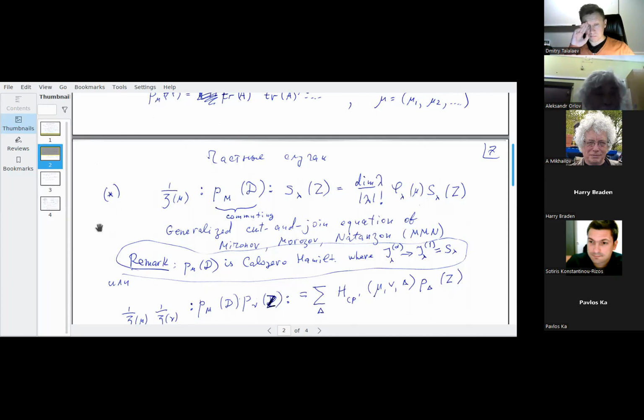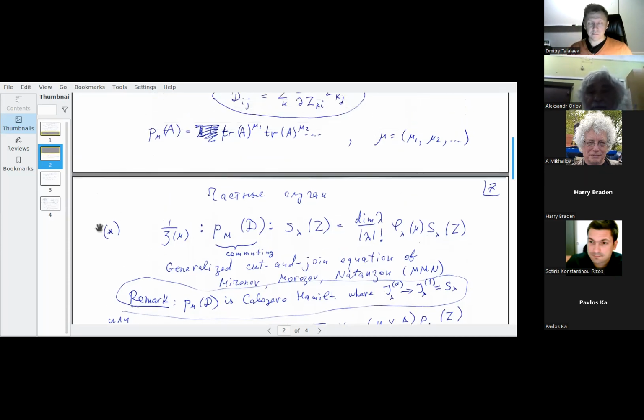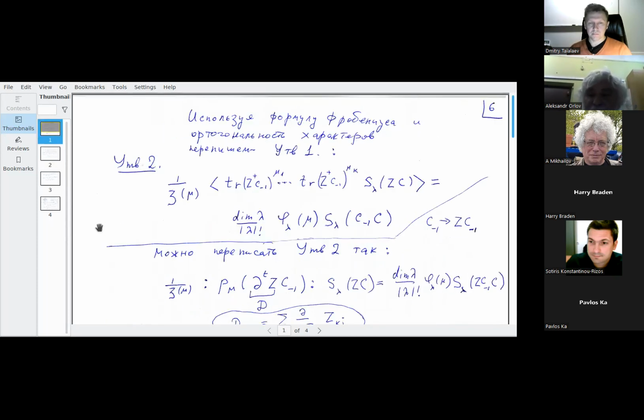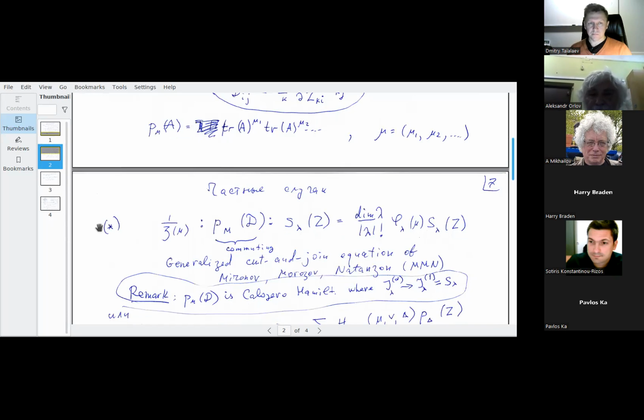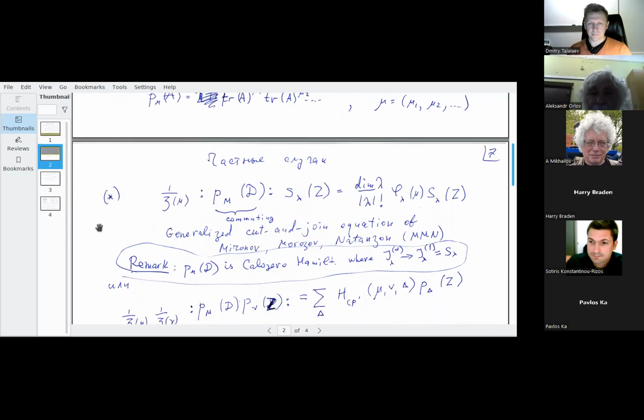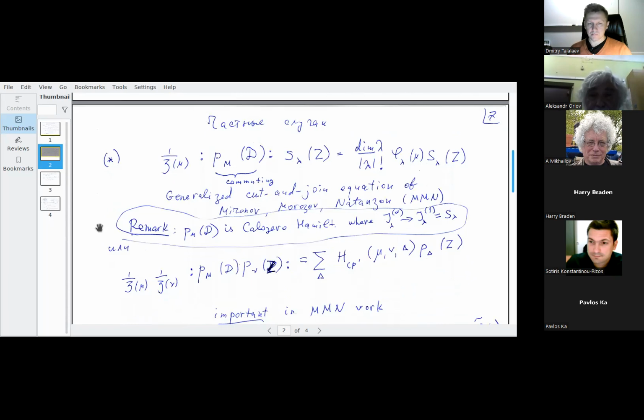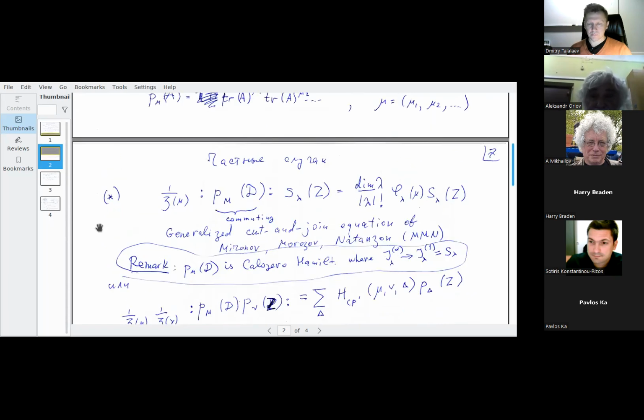I mean, if we consider different matrices C, but it is a different topic. Okay, the interesting thing, I don't know, was it written in the Mironov-Morozov-Natanzon work? Perhaps not, but the fact is it is the so-called Laplace-Beltrami operator.